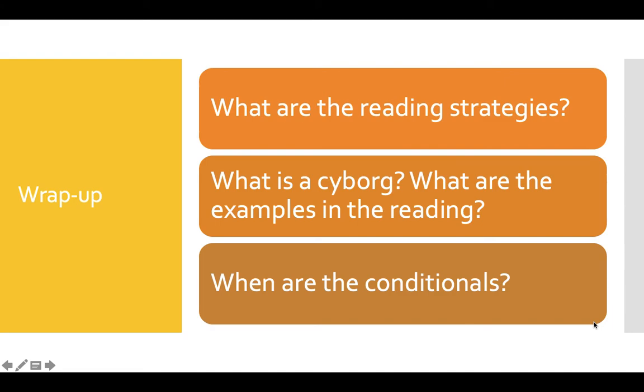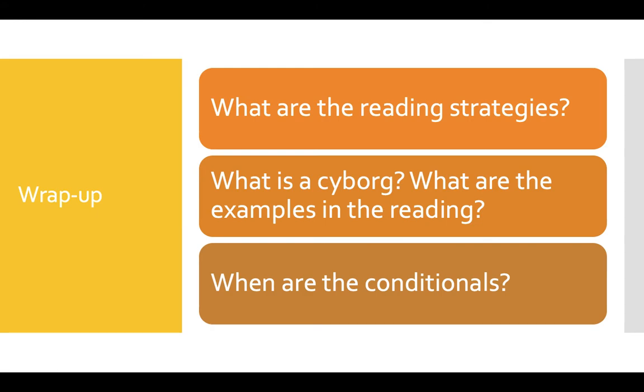So let me wrap up our lecture today. First, we had a review of the reading strategy: intelligent prediction, skimming, scanning, and close reading. And what is a cyborg? Part man, part machine. And we even talked about the unusual benefits a person can enjoy if he or she has gadgets or implants attached to his or her body.